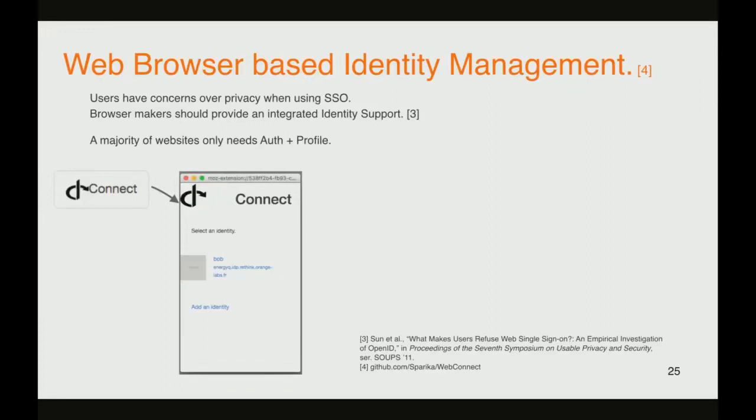And so the website only puts a connect button on the website instead of all the social login options. And the user can then use that button to call an API on the web browser that will display a pop-up and allow the user to choose any identity provider that they may have previously registered on their extension.